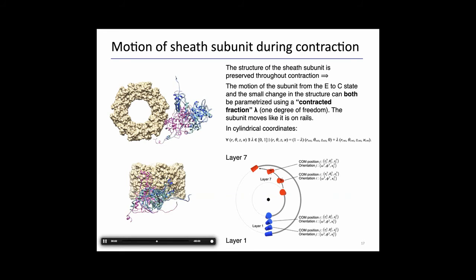This is how the sheath subunits move at layer 1, and this is the upper layer. They obviously move differently, but in the system of reference of the subunit itself, it moves essentially in a straight line along the radius and rotates. That means there is a linear relationship between the angle of turn and radial distance. And this is our contraction, and this is our reaction coordinate.